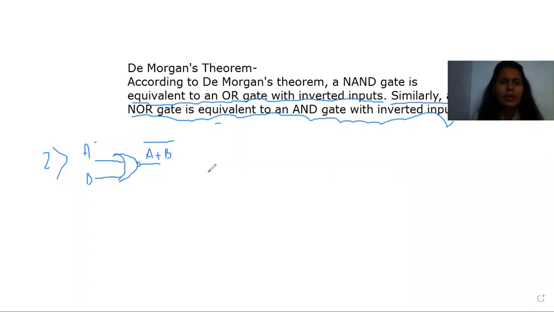We know that NOR gate is the combination of OR gate and NOT gate. So OR gate will add A and B, and NOT gate will do complement of A plus B.